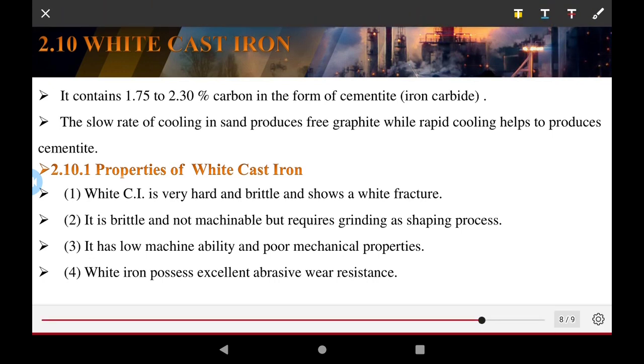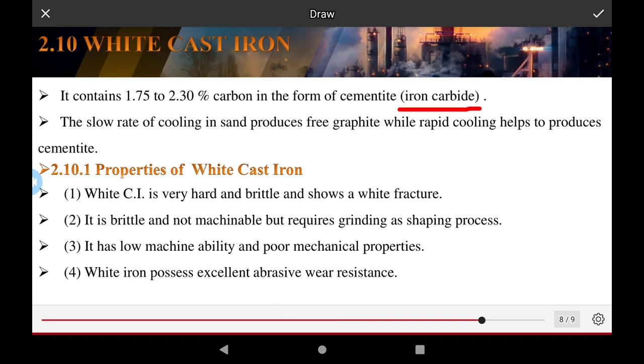White cast iron. White cast iron contains 1.75 to 2.30% carbon content, with carbon in the form of cementite, which is iron carbide.